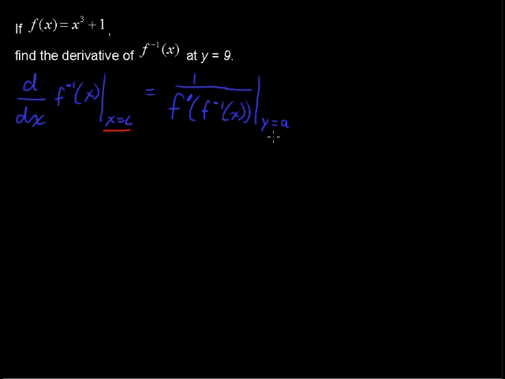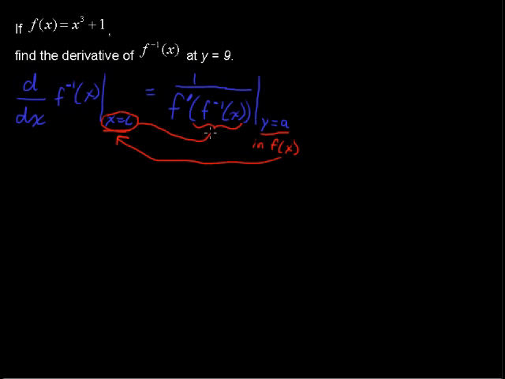This y equals a, that's when y equals a in the original f of x, not the inverse. So when y equals a, then you'll have to solve for the appropriate x for over here. And then this x equals c value will be what you plug in right here.